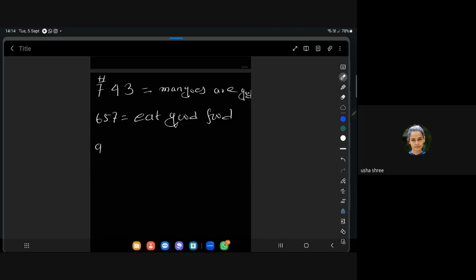Whatever they have given you, you just write. 743 is equal to mangoes are good. Next, 657 means eat good food. Then 934 means mangoes are ripe.